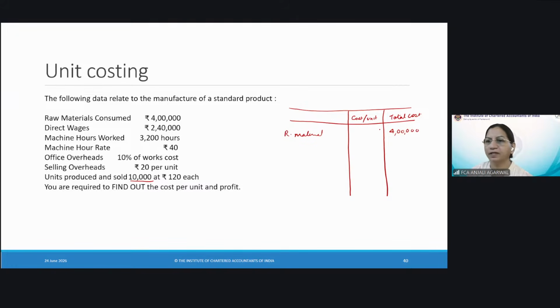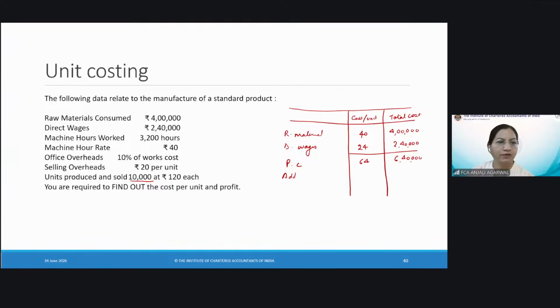So you'll divide this by 10,000. So cost per unit of raw material is 40. Then you add direct wages, 2,40,000. So your cost of wages comes out to be 24. Prime cost, 6,40,000 or 64 per unit.